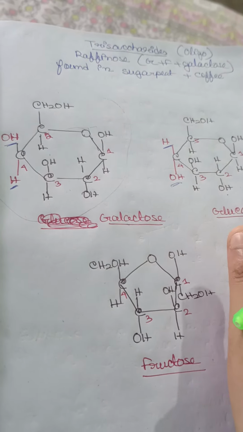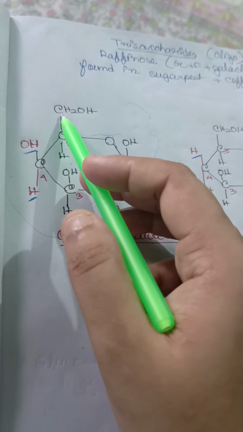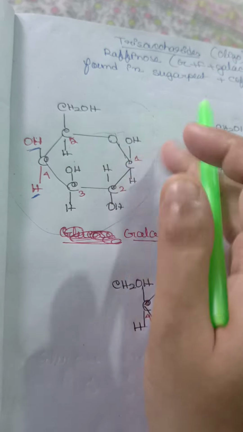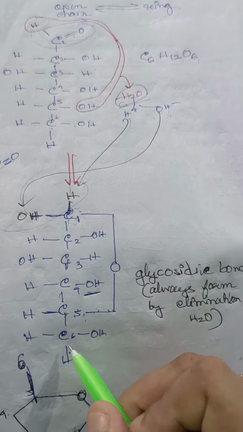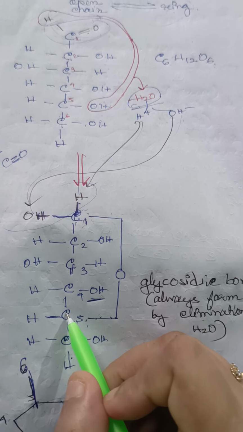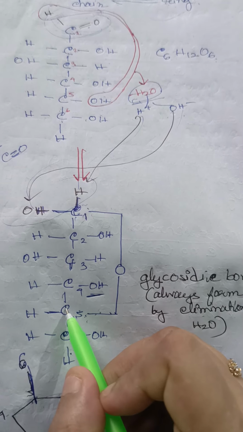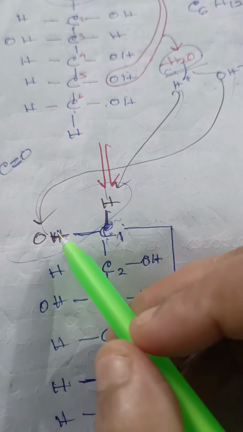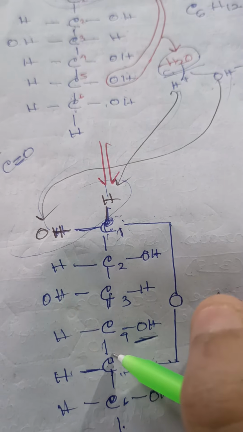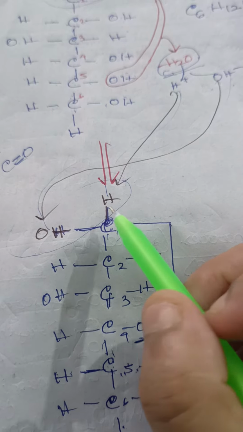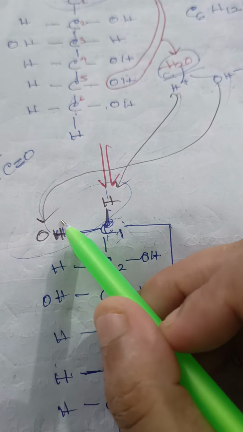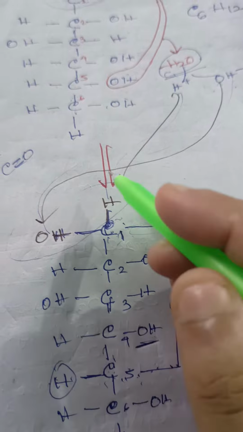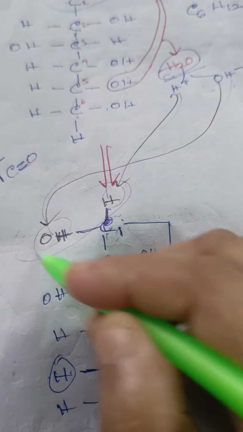Okay. In carbon number 5, why have I written CH2OH? You see here, carbon number 5, this H, CH2OH.